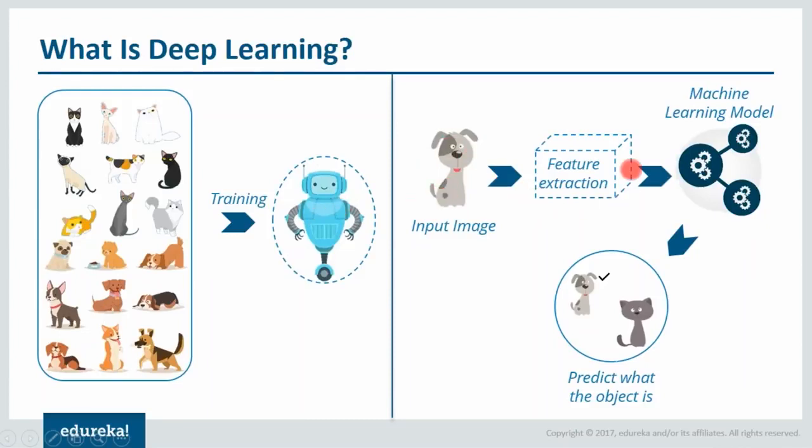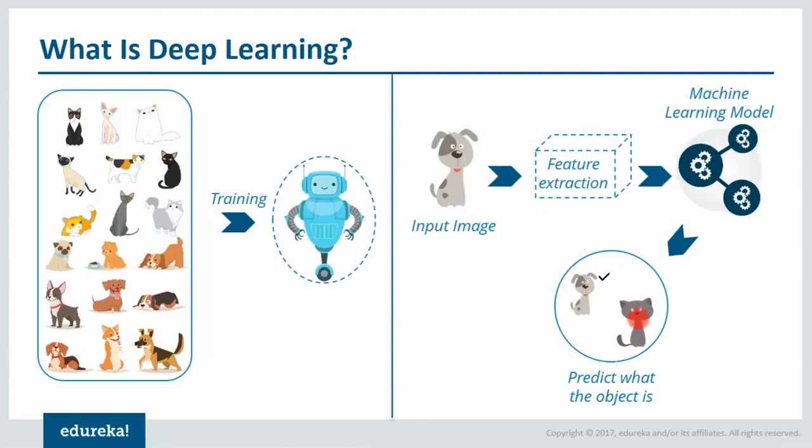Then we'll manually extract certain features, like nose, whiskers, colors, edges, it can be anything. The important features which actually help us in classifying whether the input image is a cat or a dog. Then we make a machine learning model with that. And once it is done, our machine learning model is able to predict whether the input image is of a cat or a dog.